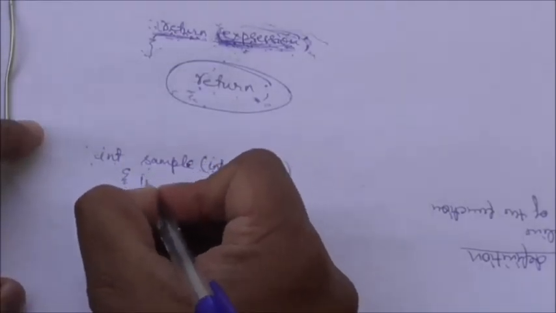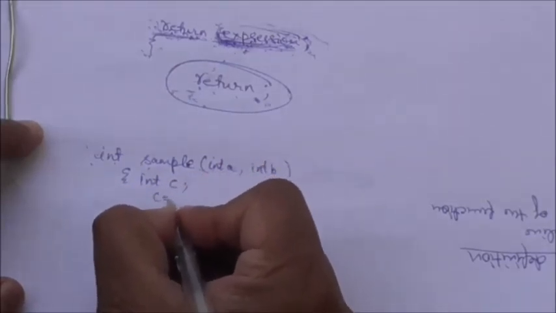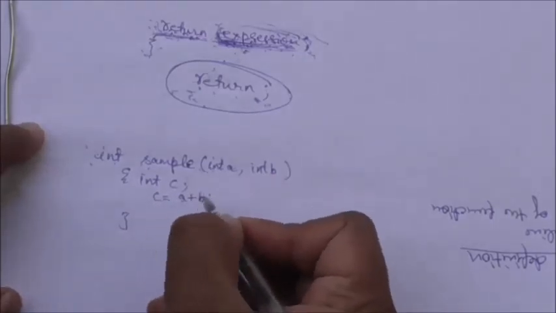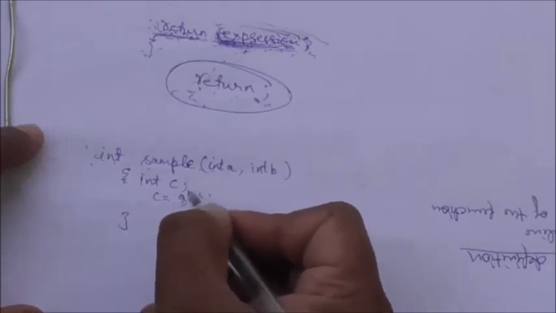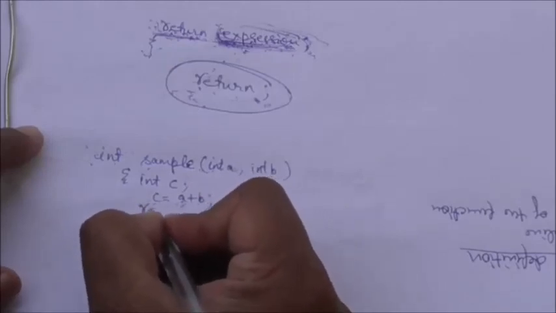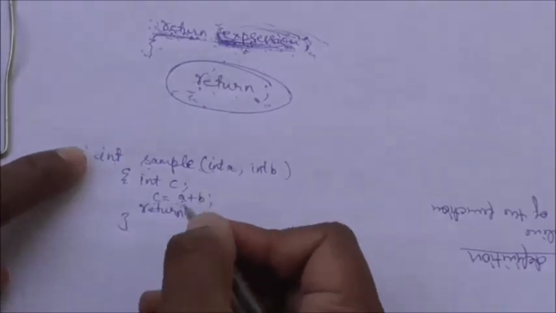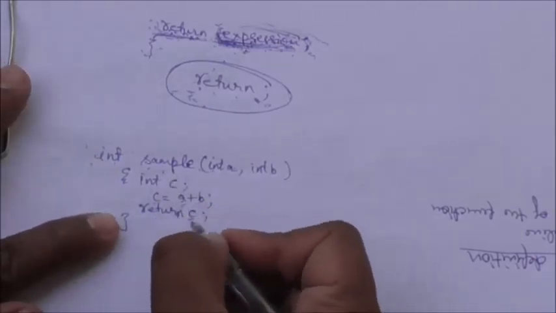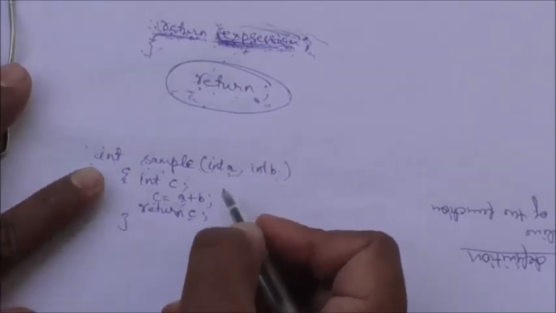Here I have declared another integer variable c, and c is equal to a plus b. See this statement. Here I have added the values of variables a and b, and whatever value is there after addition will be assigned to variable c. And the last statement is return c. So this function will return the value of c, and c is the sum of integer variables a and b.